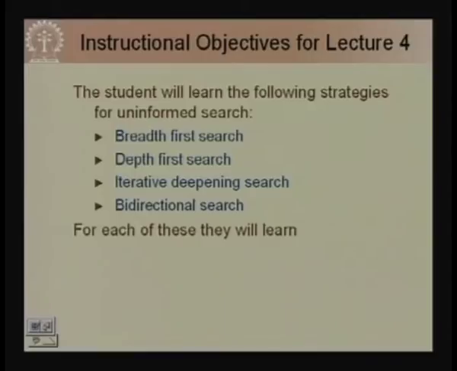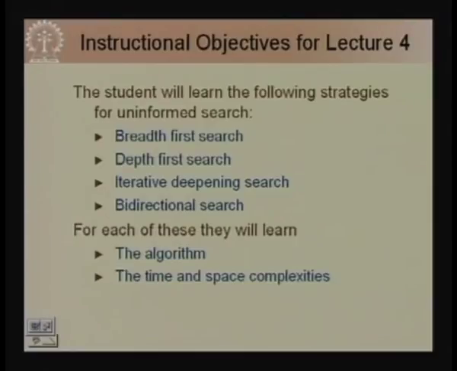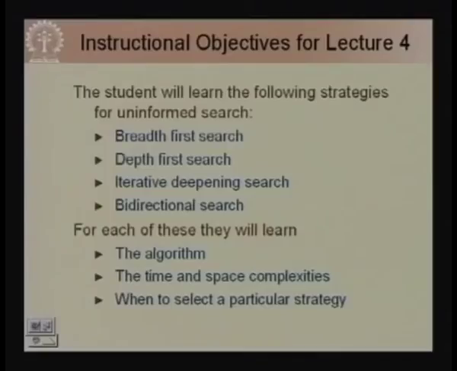For each of these search strategies, the student will learn the algorithm, and we will analyze each of these algorithms to find their time and space complexities. The student will also learn when to select a particular strategy for a given problem, that is, on what basis, given a problem, which strategy is the best to select.